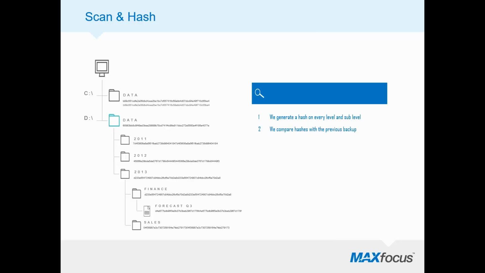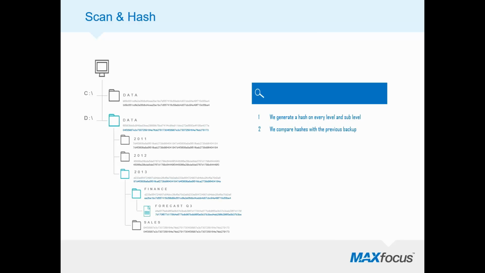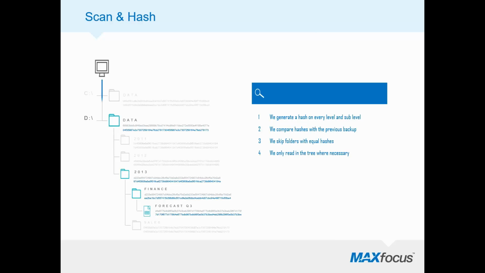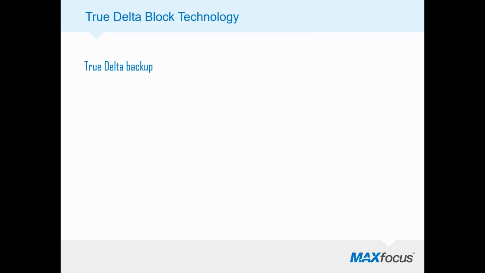The next time you run a backup job, we assign a new 256-bit Havel hash code and compare it with the previous code. You'll see the code for the C drive hasn't changed at all, so we know immediately we can skip everything on the C drive. We follow the chain down so that we're only looking at Havel hash codes that have changed, and that allows us to skip files and folders that we know for a fact haven't changed.